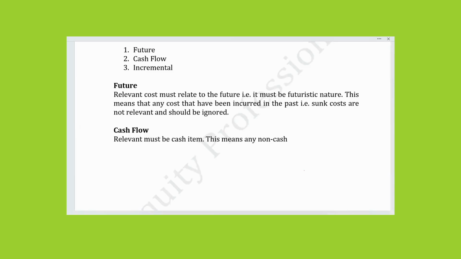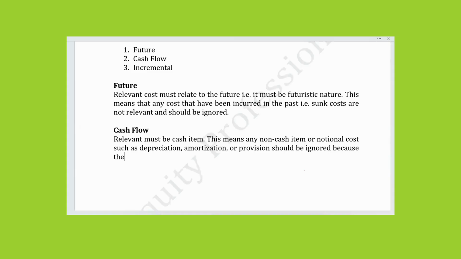This means that any non-cash item or notional cost such as depreciation, amortization, or provision should be ignored because they are not cash flow. All right.